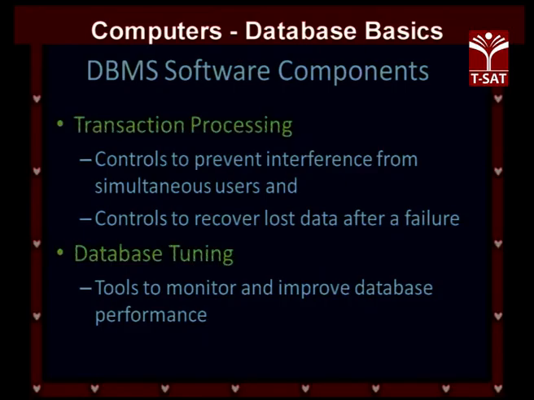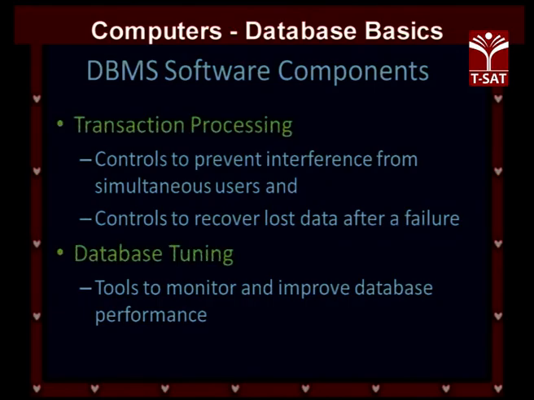Right. Transaction processing: control to prevent interference from simultaneous users, and control to recover lost data after a failure. So what else can this software do? It does transaction processing. What does transaction processing mean? It prevents interference from simultaneous users.